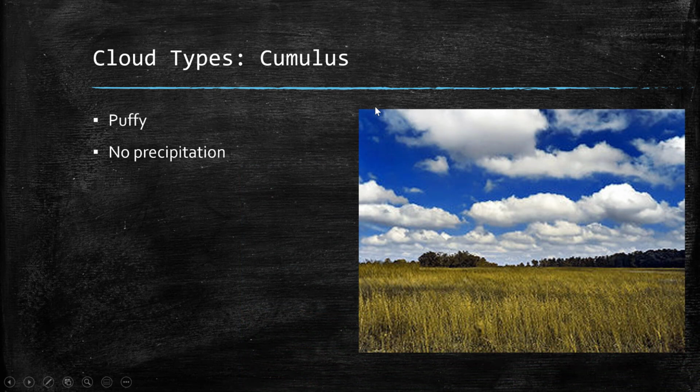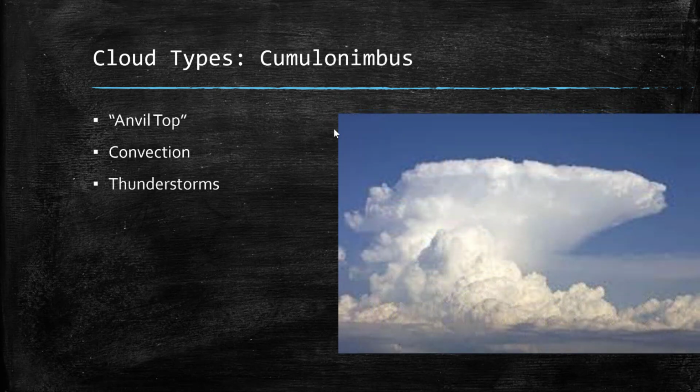Let's go with cumulus clouds, little cotton ball fair weather clouds. There's not going to be precipitation with these. But you can, again, tack on that nimbus or nimbo to it to make a cumulonimbus. These look like an anvil, where it's really wide on the top.